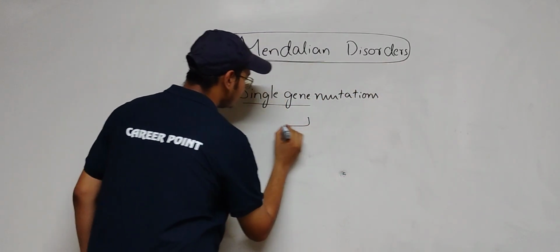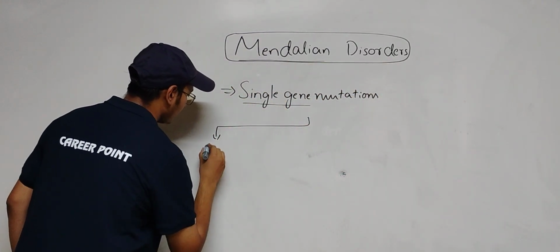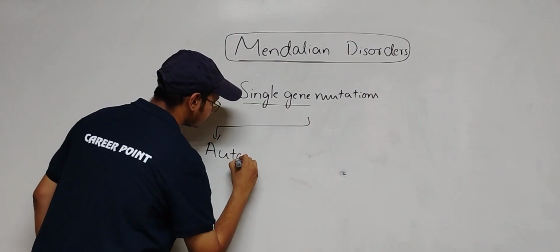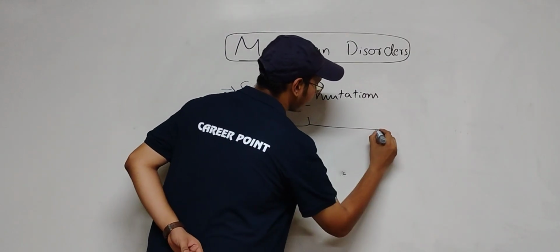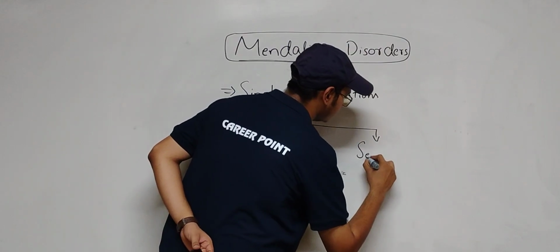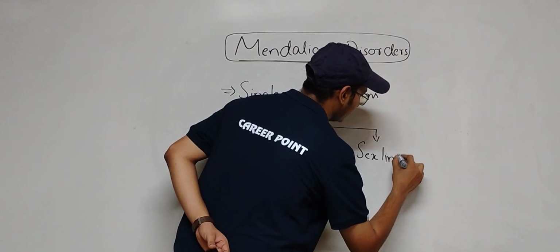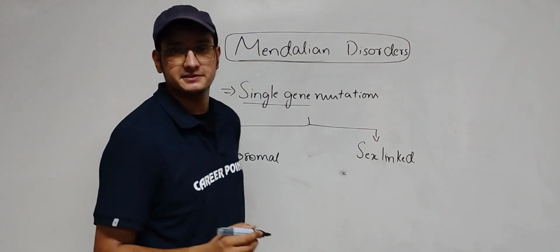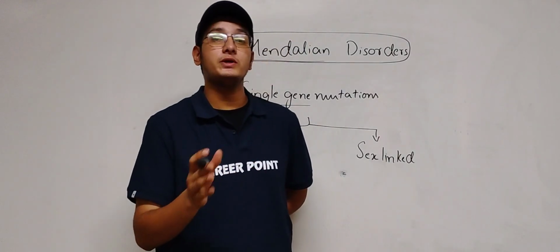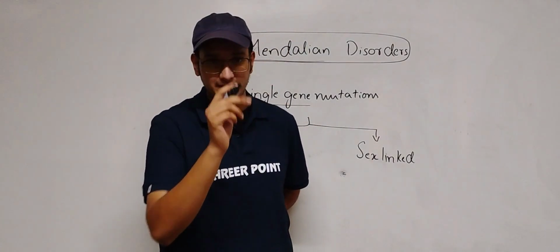So Mendelian disorders are divided into autosomal disorders and sex-linked disorders. How many pairs of chromosomes do we have? Yes, 23. In that 23, how many of them are autosomes? 22.